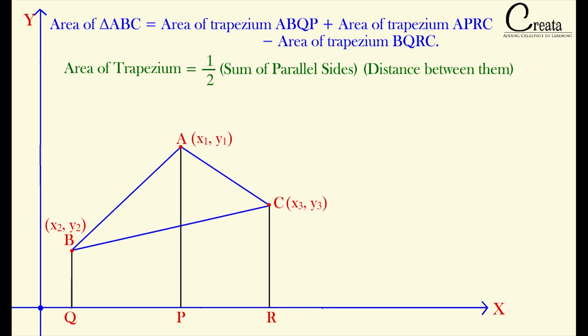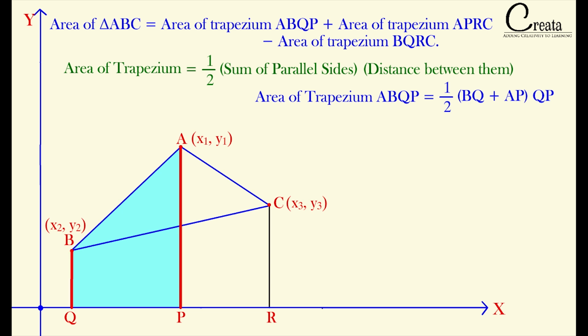So can we say area of the trapezium ABQP is equal to half into BQ plus AP into QP. Here BQ and AP are the two parallel sides and QP is the distance between them. So this is the formula of the area of the trapezium ABQP. Here if you observe, BQ is y2 and AP is y1, and can we write QP as x1 minus x2?